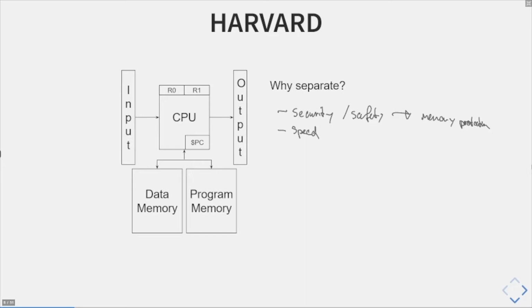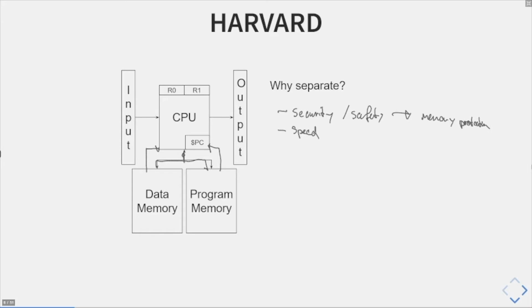And one person also said SRAM versus DRAM, which is true. So speed is one thing about this. Depending on how you do this architecture, in the way I drew it on one single bus, you don't get a speed gain, because you can't transfer multiple things in one clock cycle via the same bus. What you could do, however, if you have separate program and data memory, is have one bus for the data memory and one bus for the program memory, and now you can load an instruction from the program memory bus and load or modify data on the data memory bus at the same time.